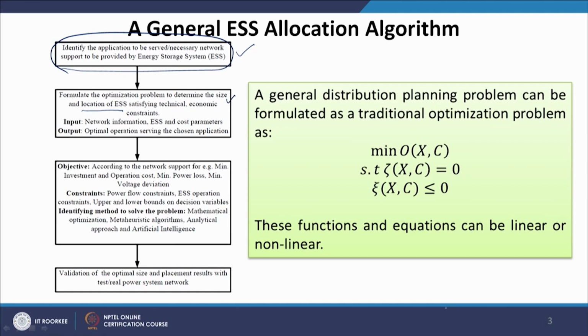Now, what are those inputs that need to be given to my algorithm? First is network information about the system, and then a few cost parameters of the energy storage system need to be given. And what are the expected outcomes? We expect optimal operation serving the chosen application, and how that objective is being met.